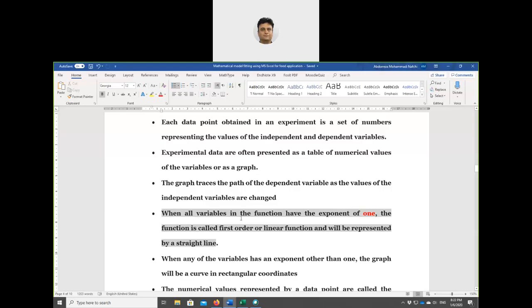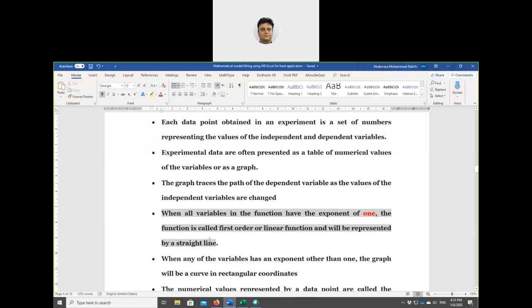When all variables in a function have an exponent of 1, the function is called a first order or linear function. It will be represented by a straight line when you draw it.